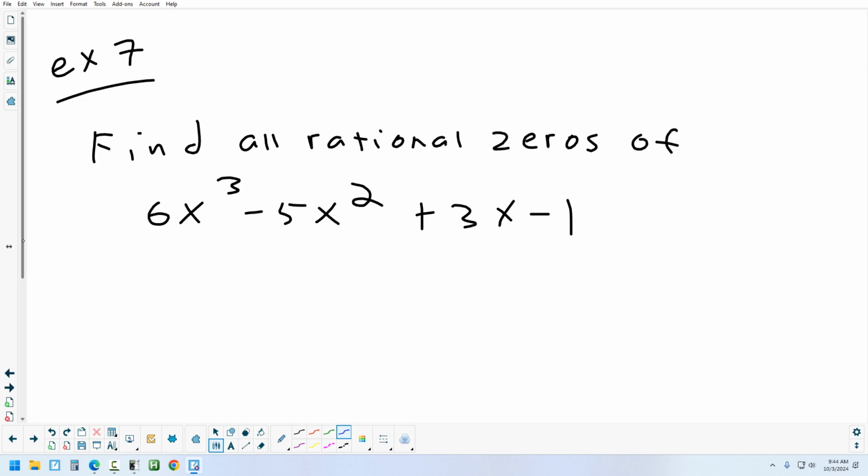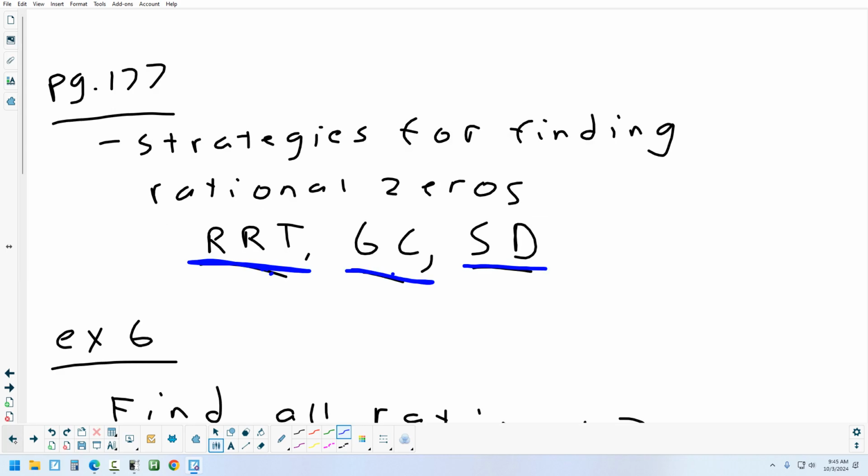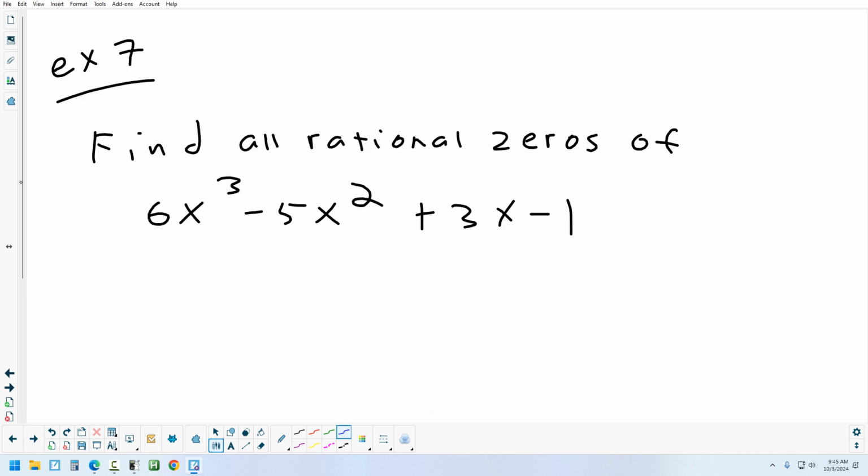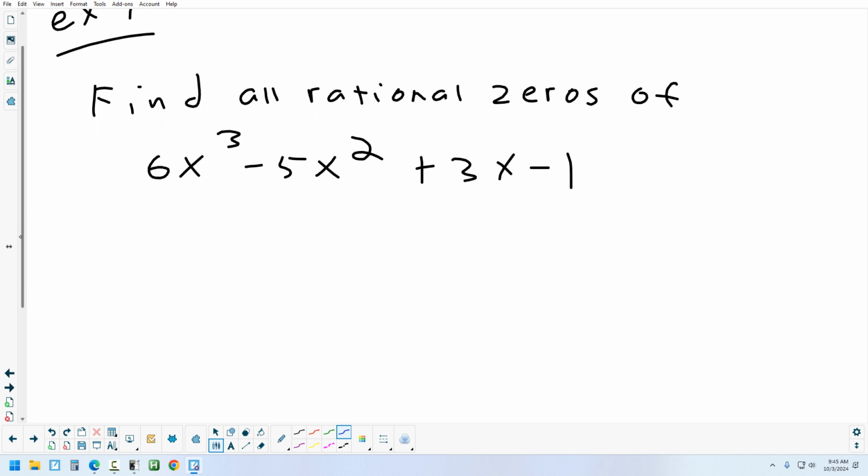Okay, so this one says find all rational zeros. I think the last one said the same thing. Okay, so let's use the rational root theorem. What are my factors of the constant?